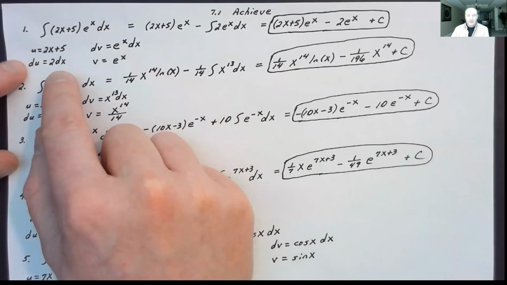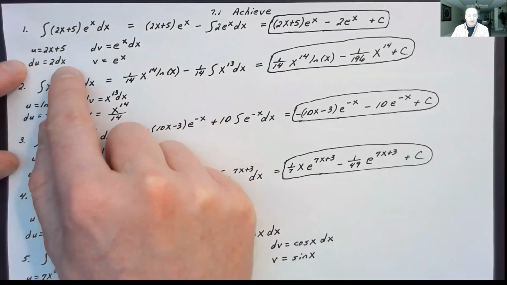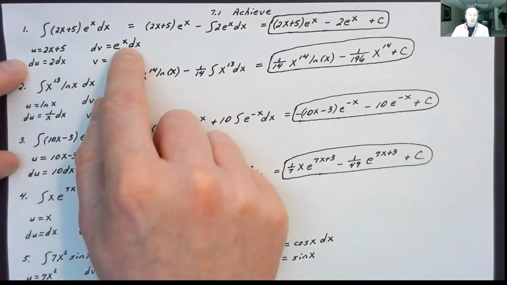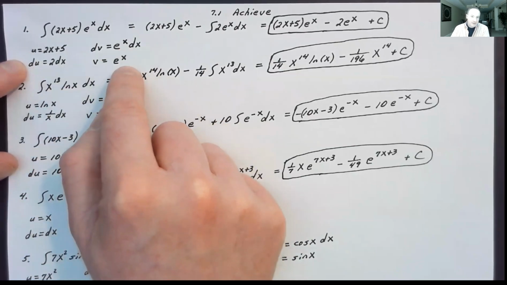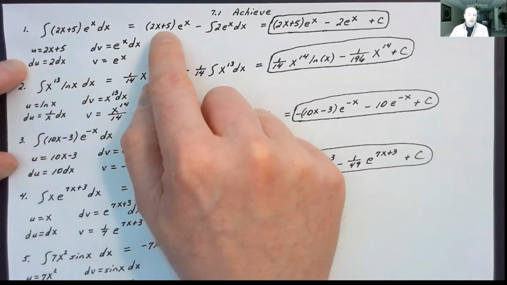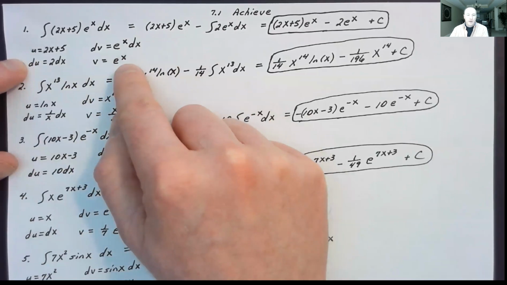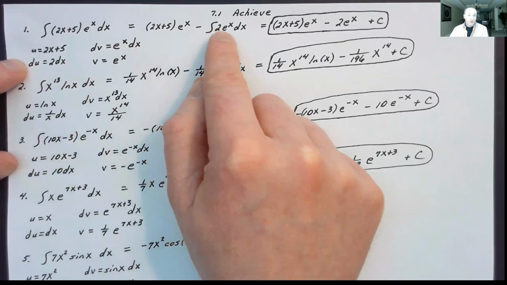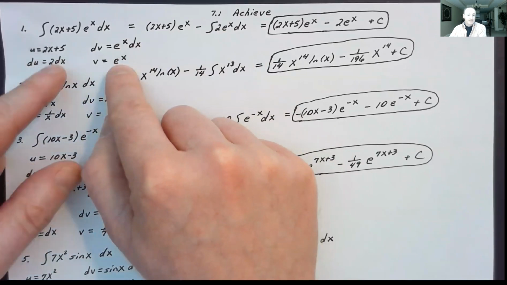We take the derivative of u to just get 2 dx, and we integrate the exponential function, and we know that the integral is just e to the x. So then our formula for integration by parts says that it's going to become u times v, which is 2x plus 5 times e to the x, minus the integral of v du.